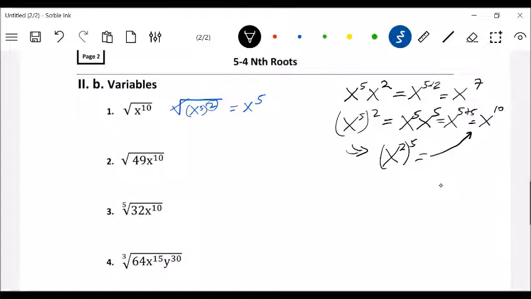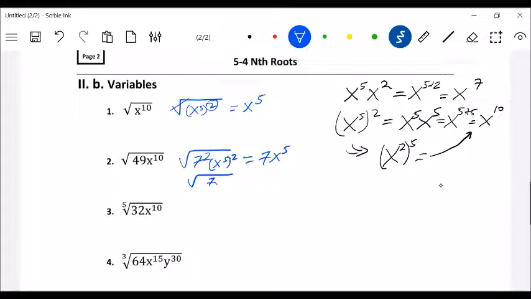Now, having said that, let's come to the next one here. And the difference in number 2 is that there is a number included. So you recognize that there's a 7 squared and an x to the 5th squared. And therefore, that results in 7 times x to the 5th. Yes, it is true that this could be written as 7x to the 5th squared.